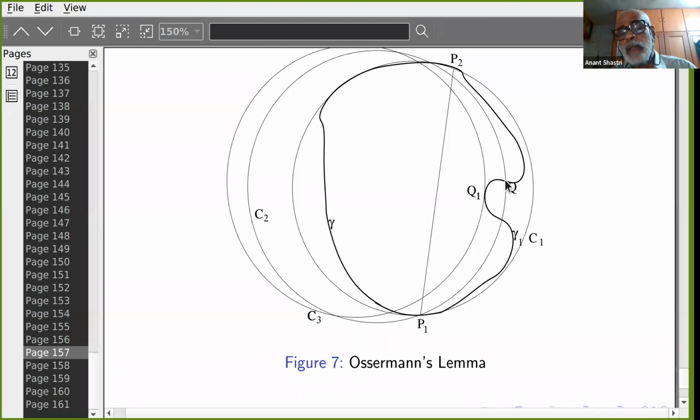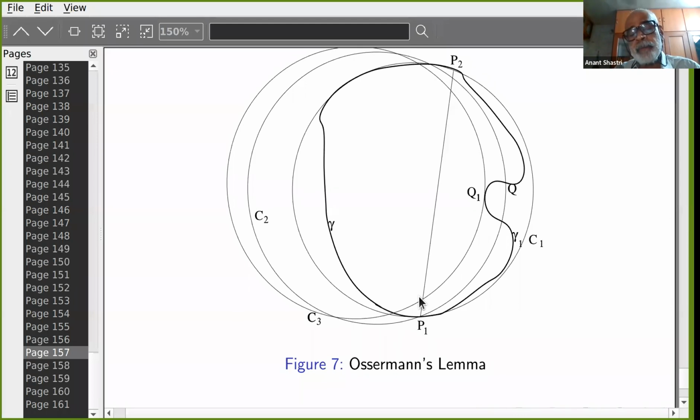It must be tangential, because here the angle between this chord and this tangent is positive, and the angle here is, we can say, negative.